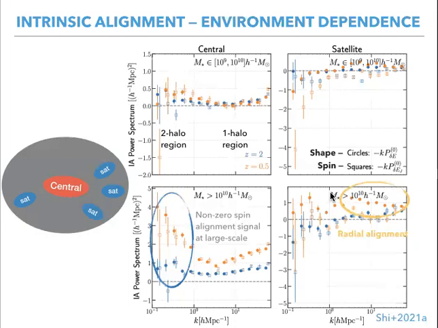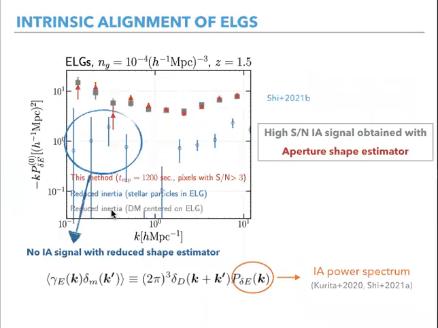Neil, did you raise your hand? Yeah, sorry. Hi, Jingjing. Very nice talk. My question was, at the end of your talk, you mentioned that the reduced inertia tensor gives a weaker correlation than the inertia tensor, and that this is maybe because the outer parts of galaxies respond more strongly to the tidal field.